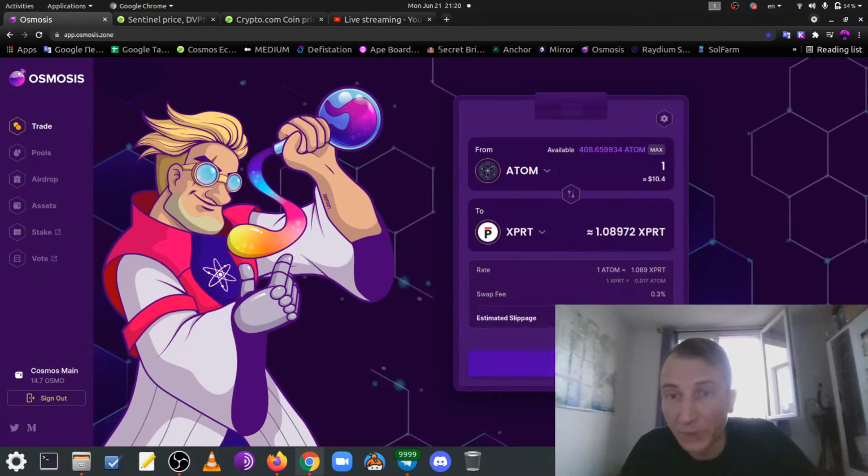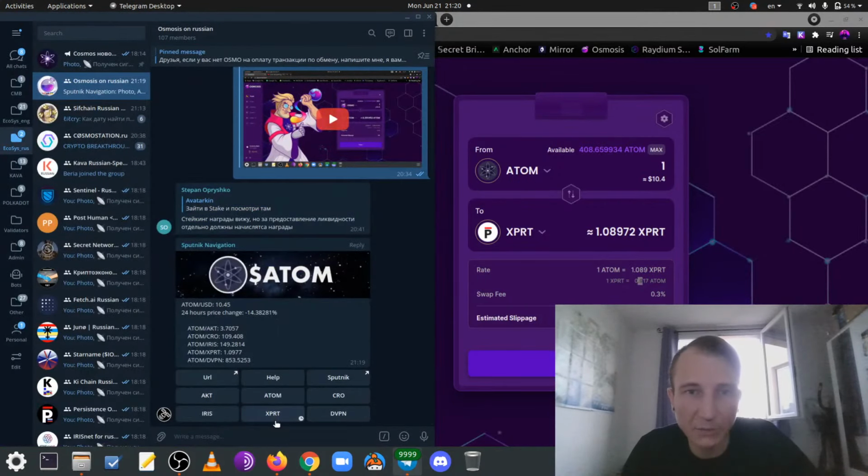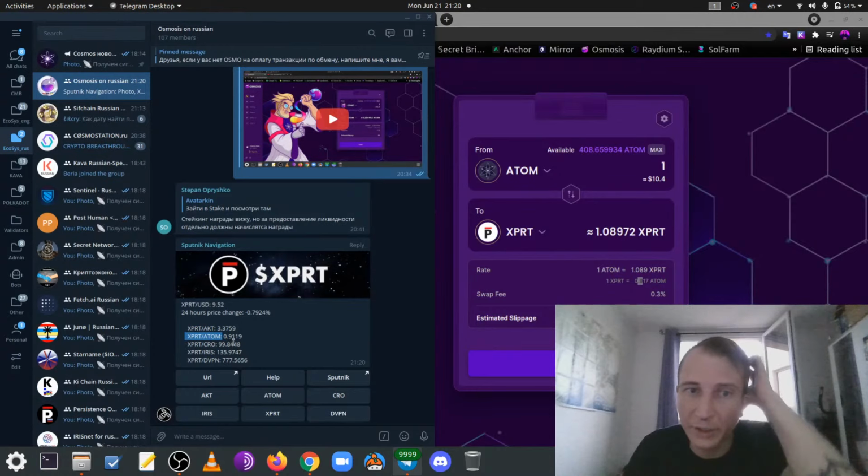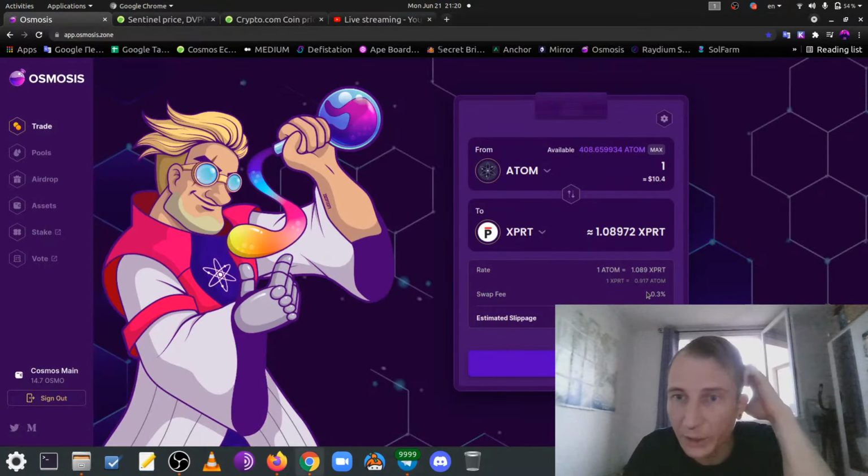Next step, XPRT. We can see that one Atom is 1.89 XPRT, 0.97. What will our bot tell us? It tells XPRT to Atom 0.91 and 0.91.